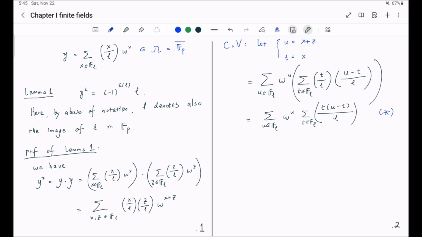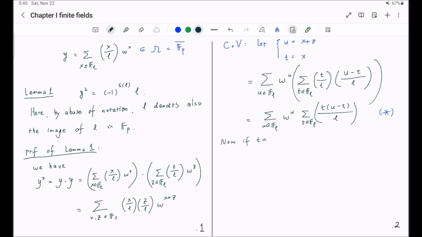Now concerning this part, let us do one more step. You see there's a variable t and there's a variable u. So the goal is to reduce this further and try to think of this as something involving only one variable. And to do this, we're going to pull out the t from here. And we are also going to pull out this negative sign. So here's the magic trick.